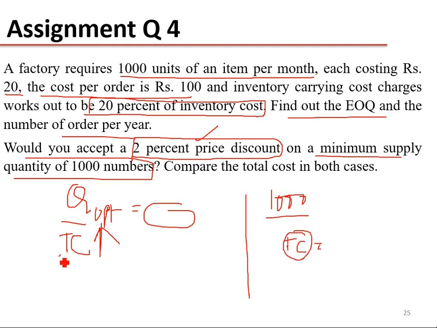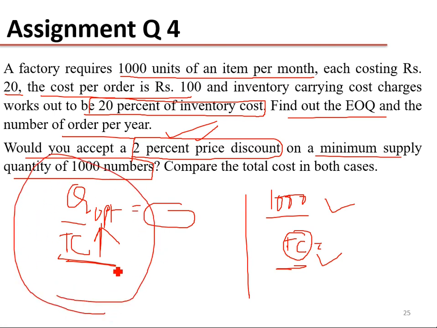Then we compare these two total costs. If the total cost with 1000 units is the minimum, we are going to accept the 2% discount. And if this value is less than that value, then we are not going to accept this 2% price discount. This is how we are going to solve this numerical.